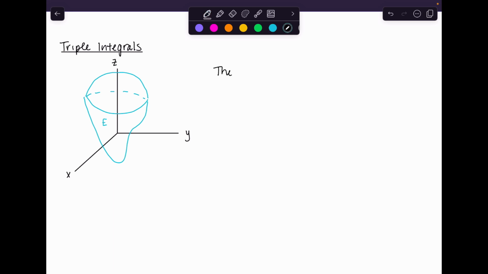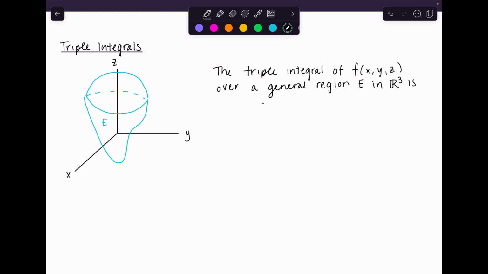So the triple integral of some function, which depends on 3 variables, potentially x, y, and z, over a general region E in R3, is, you have 3 integrals now, your function on the inside, and now instead of dA, it's dV, so it's a natural next extension.